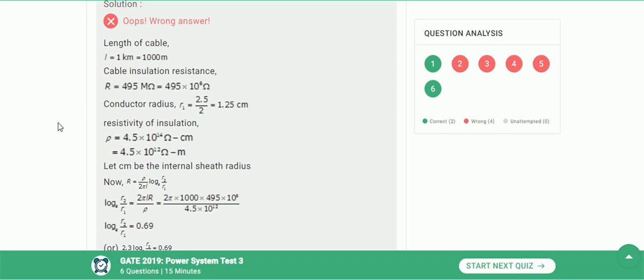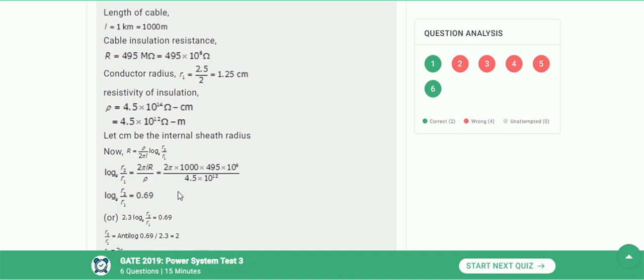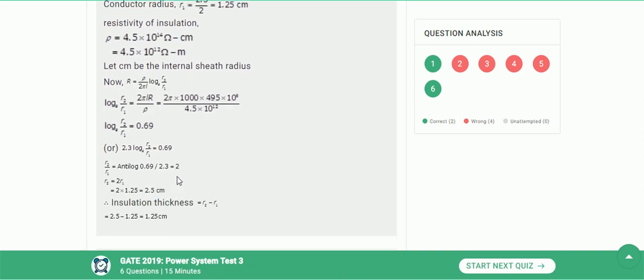The insulation resistance is equal to rho L by A. So by applying that, we are getting the answer, and this is how the insulation thickness is found.